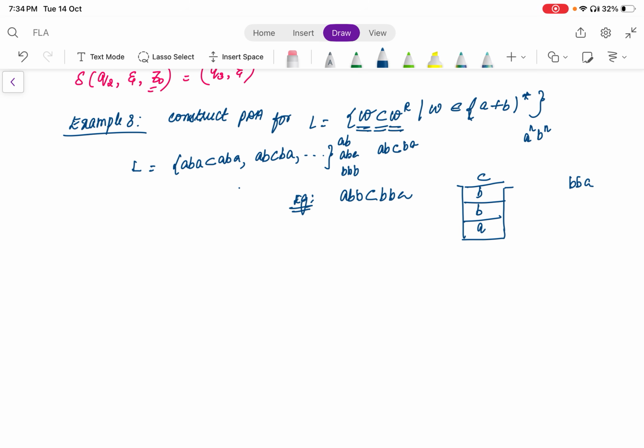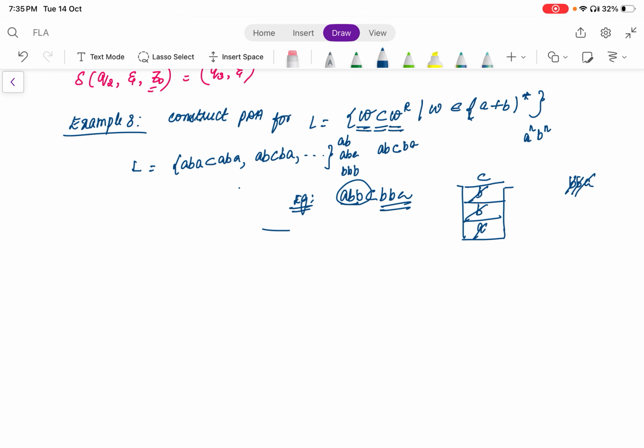If I pop one element for each input, then you will empty the stack, right? After pushing everything before the separator, the order in the stack would be BBA. So if you pop everything after the separator, you will get the second part of the string. So the logic is push everything before the center marker and pop everything after the center marker.